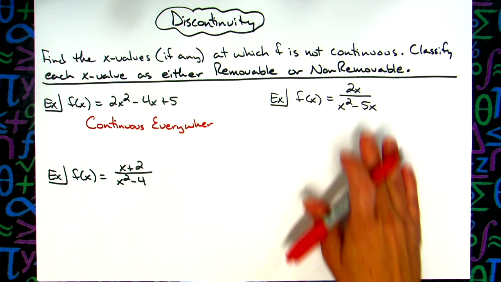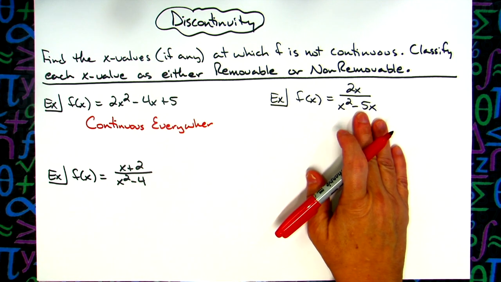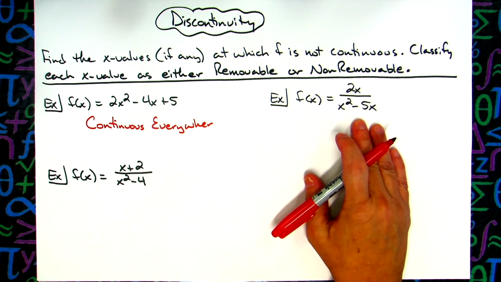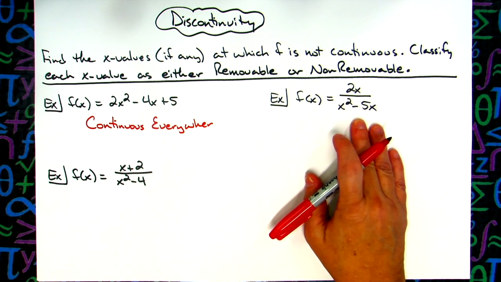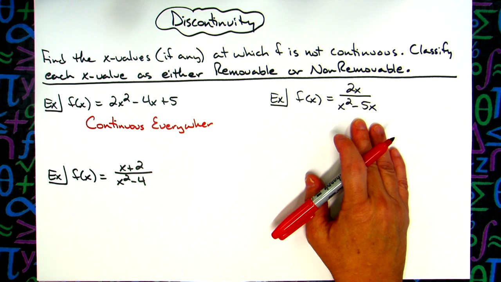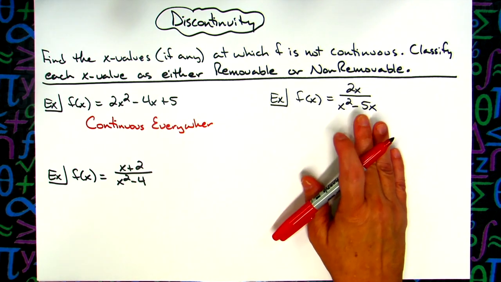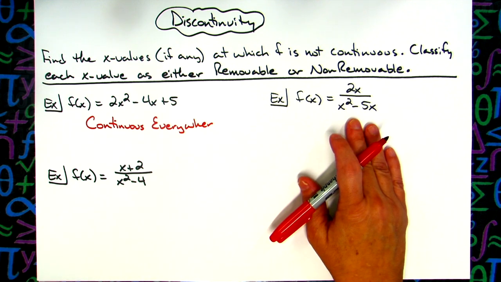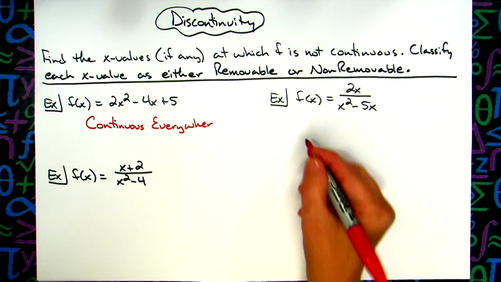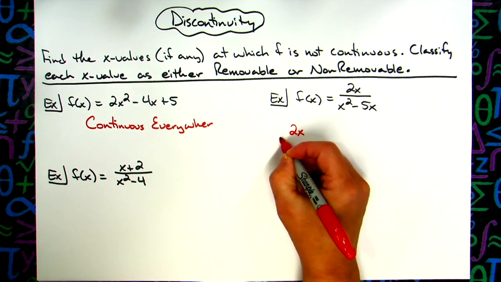If we come over here and take a look at this one, it is a rational function. Since we are given the functions and we know what they are, an algebraic approach is going to be the best way to do this. I'm going to see if I can factor the top or the bottom and then see if anything crosses out. I'll have 2x on the top.